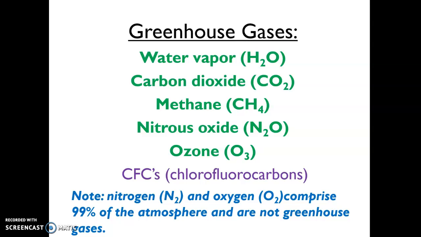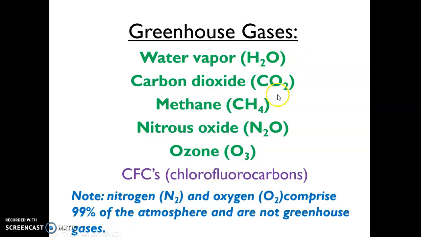And ozone is grand when it is in the bottom of the stratosphere, but it's not so grand when it's in the troposphere. And last but not least are the CFCs, the chlorofluorocarbons that we have talked about that are now banned, but stay in the atmosphere for many, many decades.